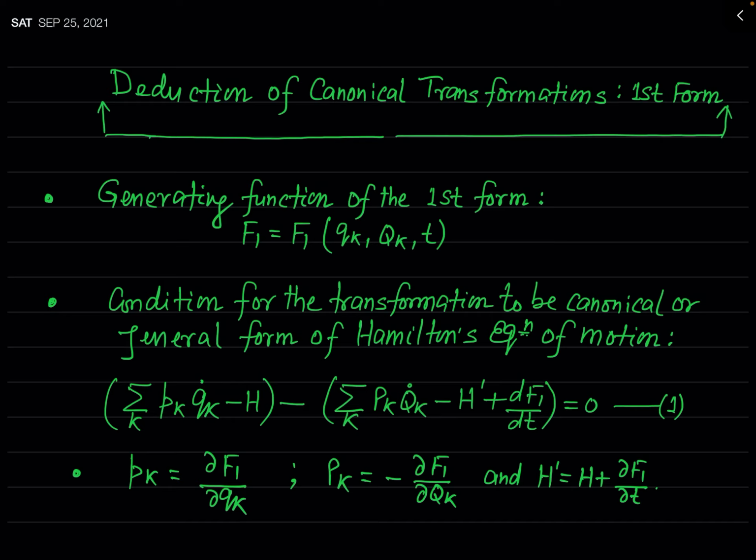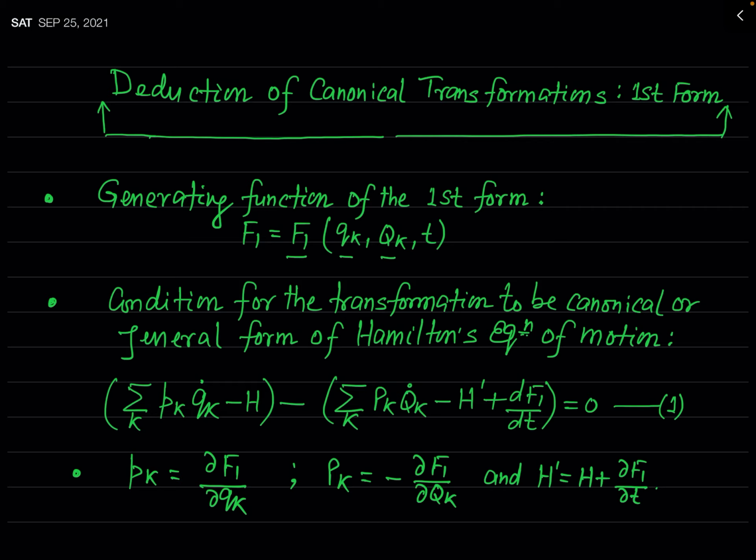You have seen that there are four forms of generating functions f, and the first form of the generating function I have told you is f1 equal to f1 of small qk, capital Qk and t.